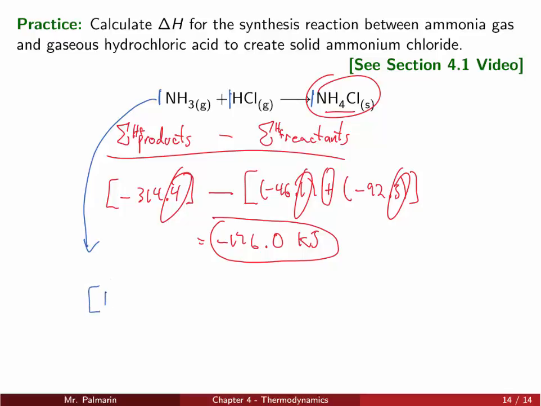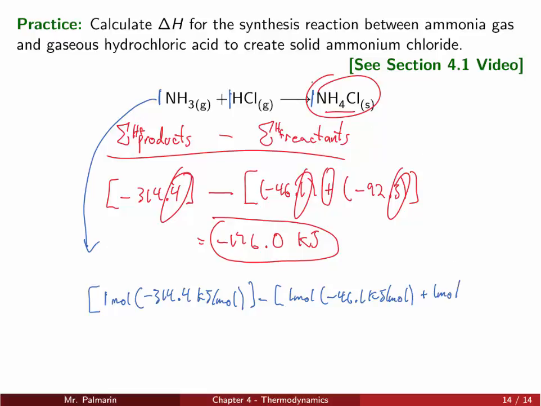You're actually going 1 mole times negative 314.4 kilojoules per mole, minus 1 mole times negative 46.1 kilojoules per mole, plus 1 mole.